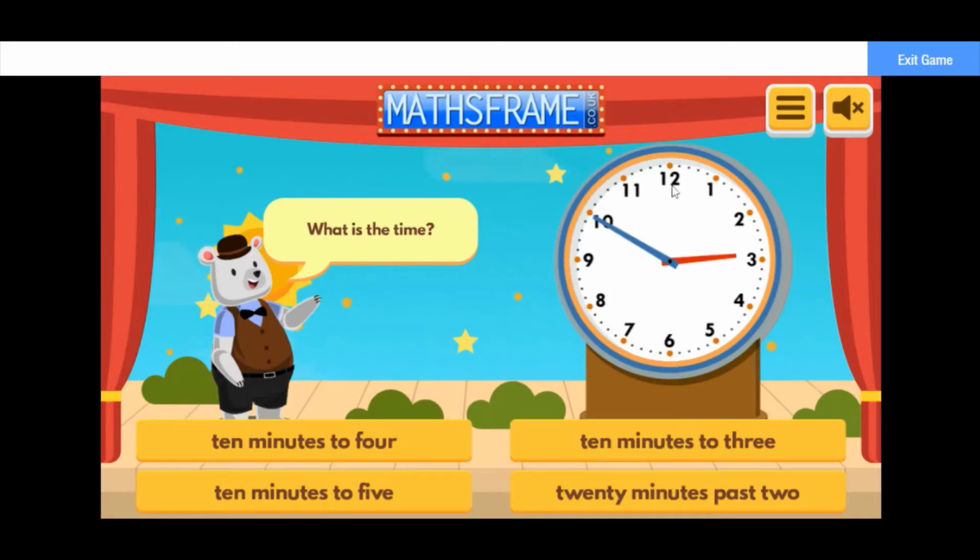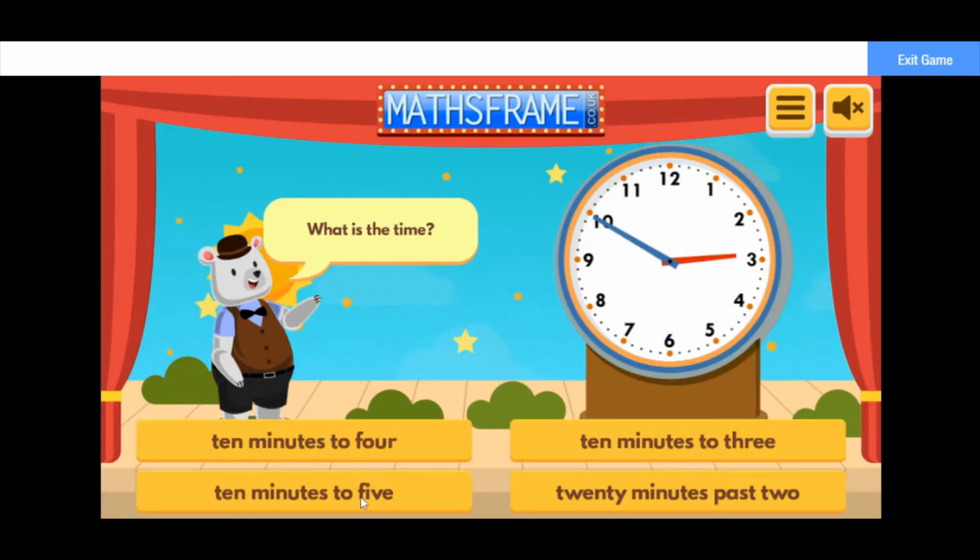So if this was where we're trying to get to, the 7 is actually 5, 10, 15, 20, 25 minutes to. So this is 20 to. This is a quarter to. We say that one differently because it's a quarter of the way round. This would be 10 to. Okay, 10 to the next hour. So we do want 10 minutes to.